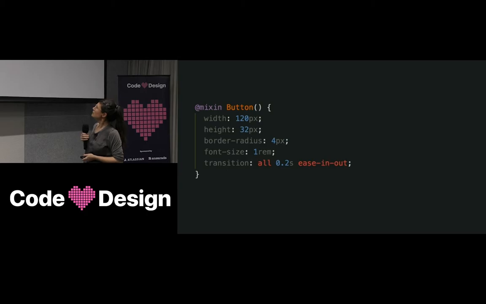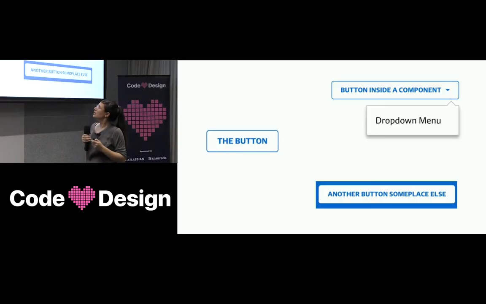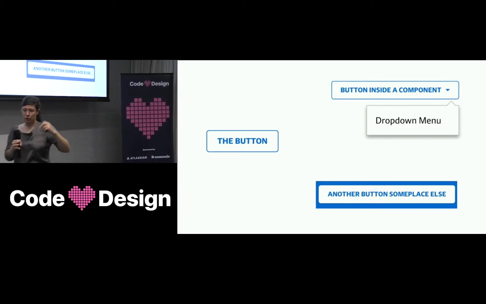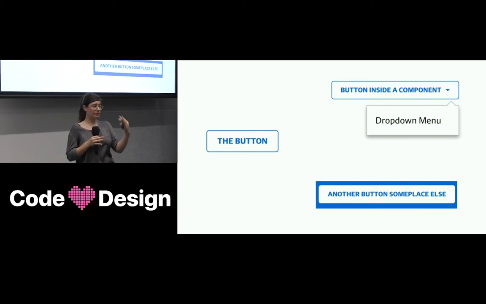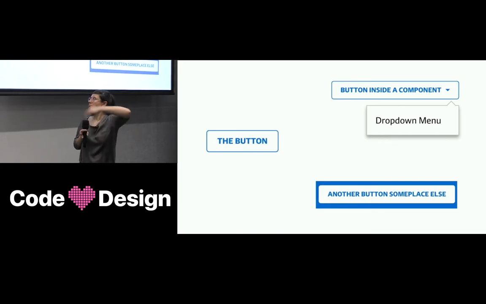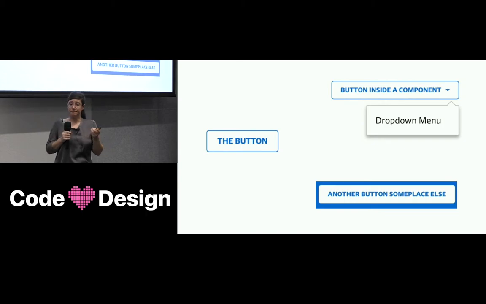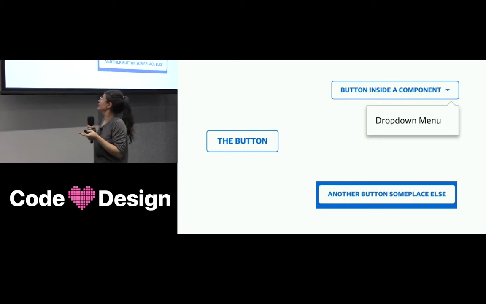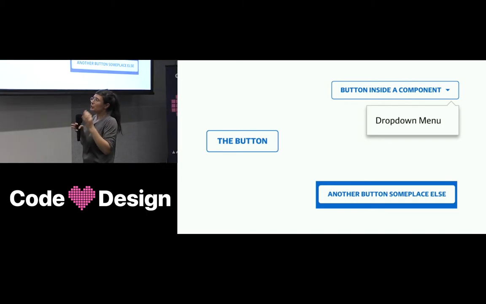So we don't have to have a strict one-to-one correspondence between the atomic design elements and the markup or the React components or whatnot. The thing to bear in mind is we should do it when it's sensible.